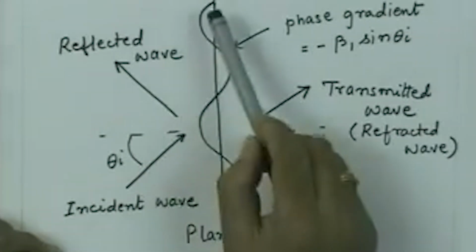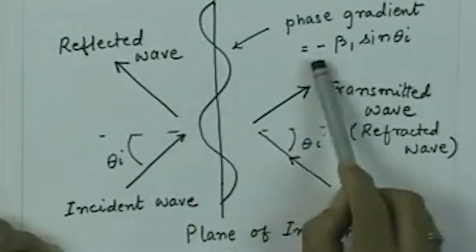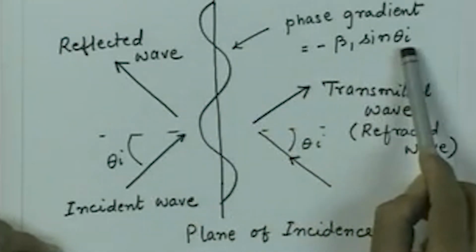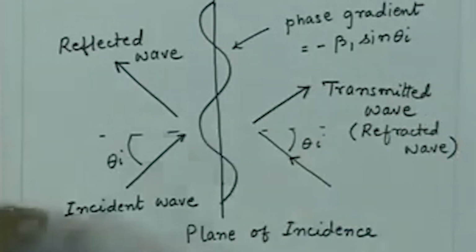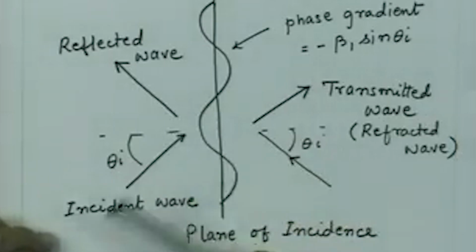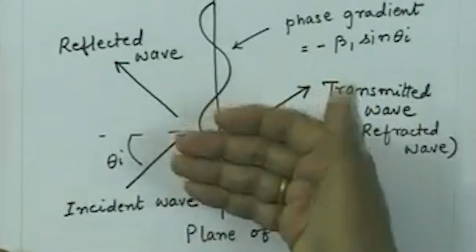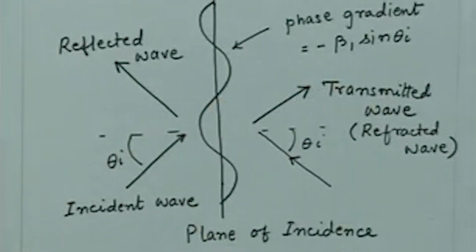All these three waves have the same phase variation, which is minus beta 1 sin theta into x, this is the phase gradient, and the wave vectors for these three waves lie in the same plane, that is the plane of incidence.